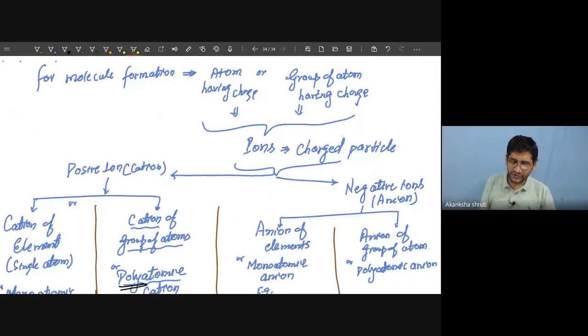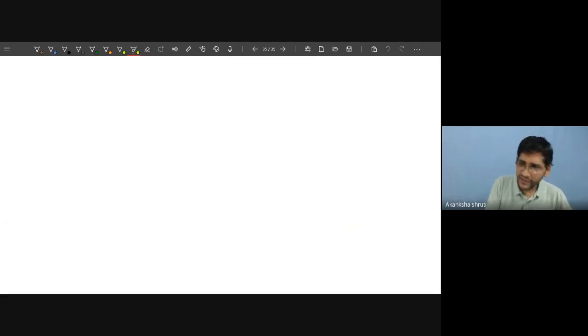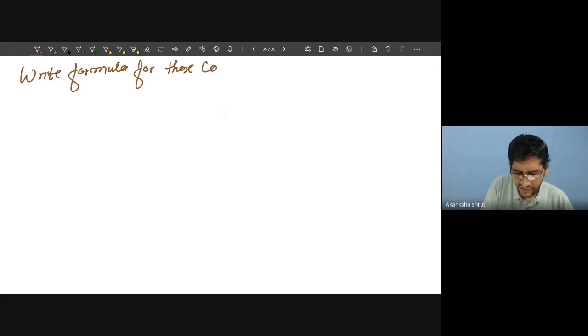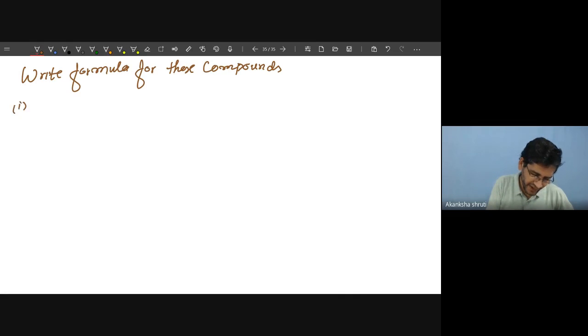Now let me show you how the molecule is formed. Now, student, you have to write the formula for these compounds. I am taking a few examples. Say magnesium hydroxide, if the formula is written like this.